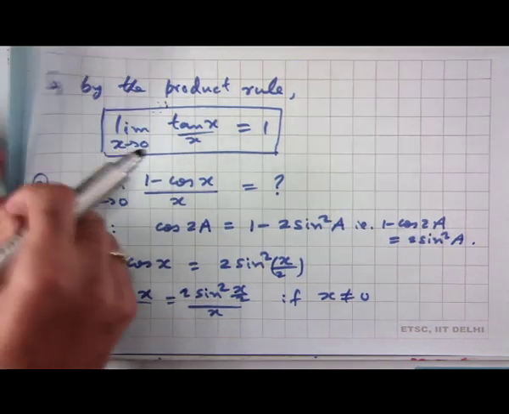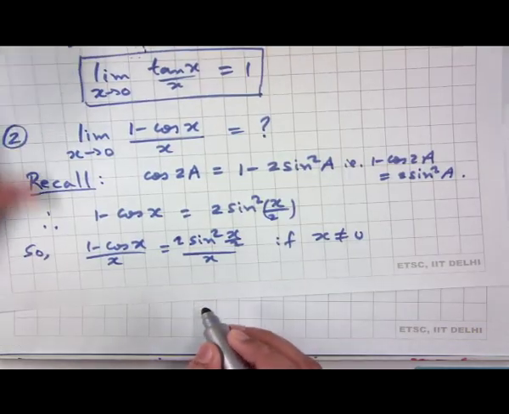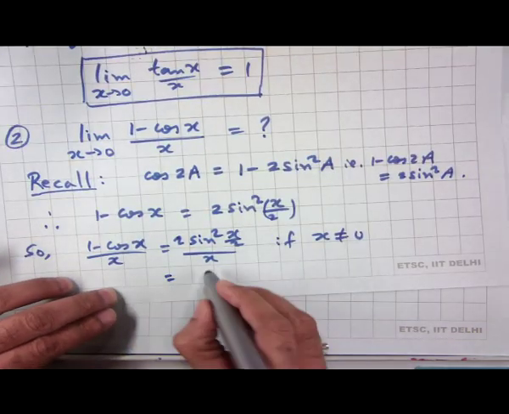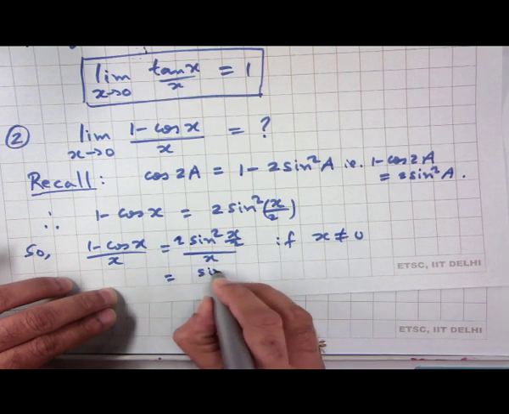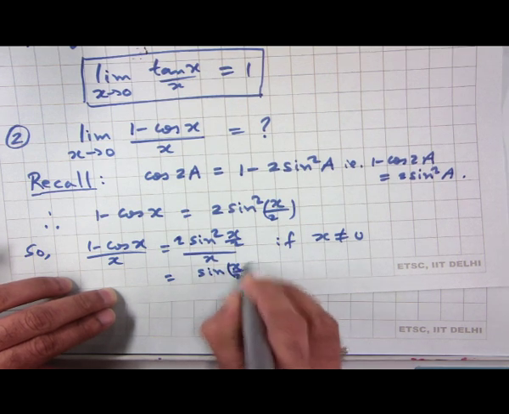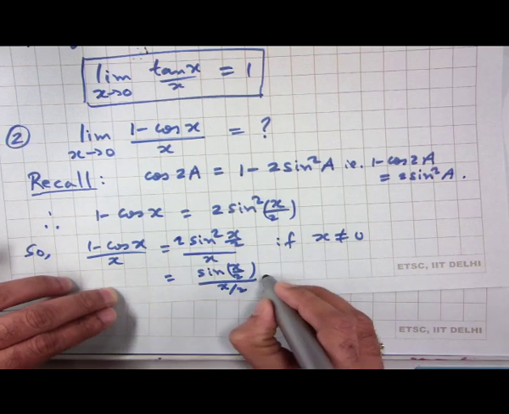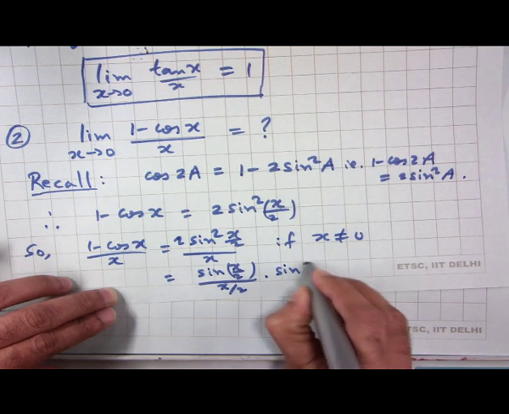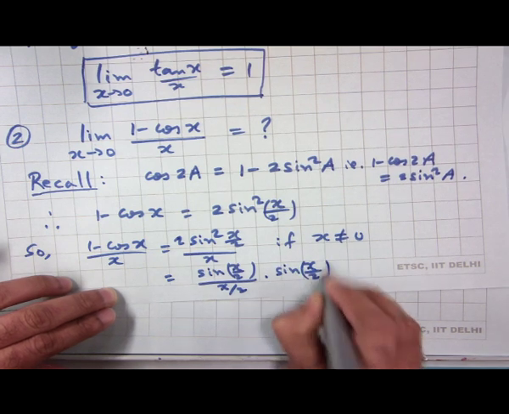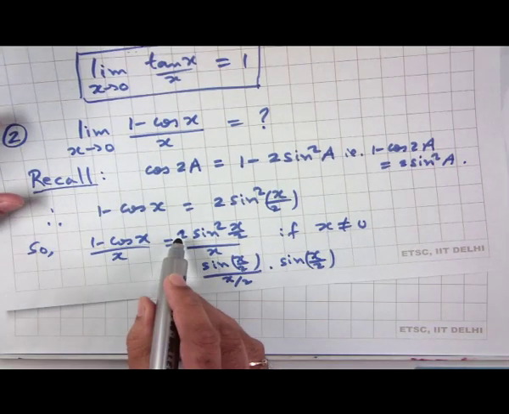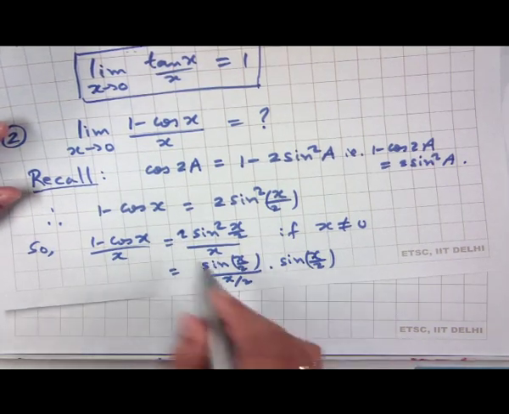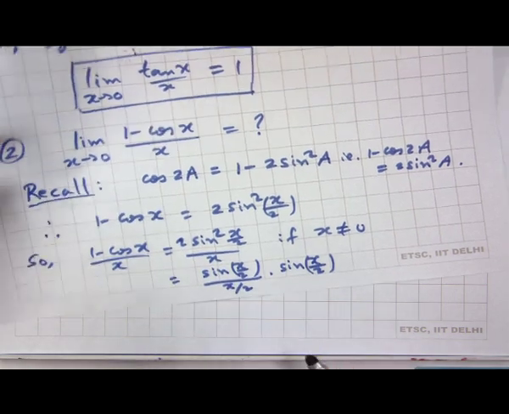and then we can write this as sine of x by 2 divided by x by 2 times another sine of x by 2. I just brought this 2 into the denominator, so I get x by 2 here.